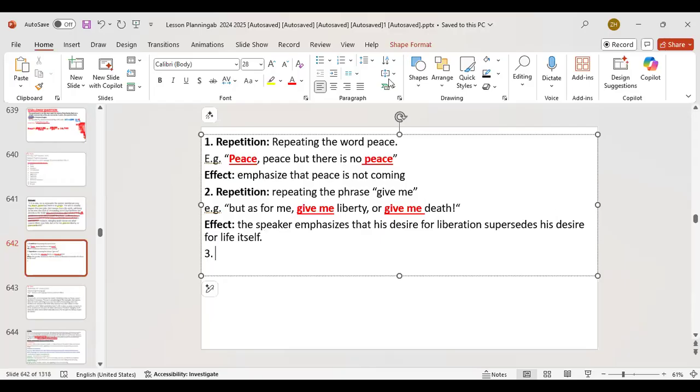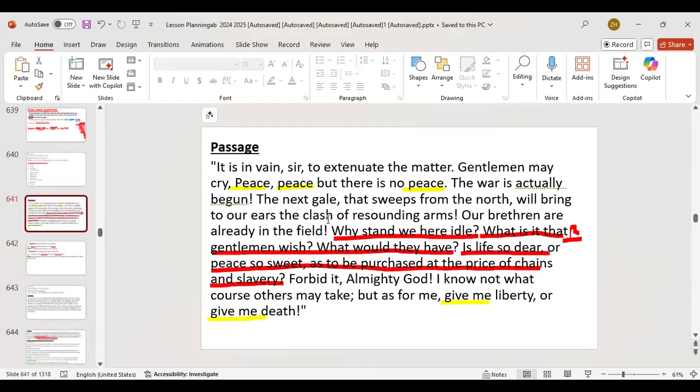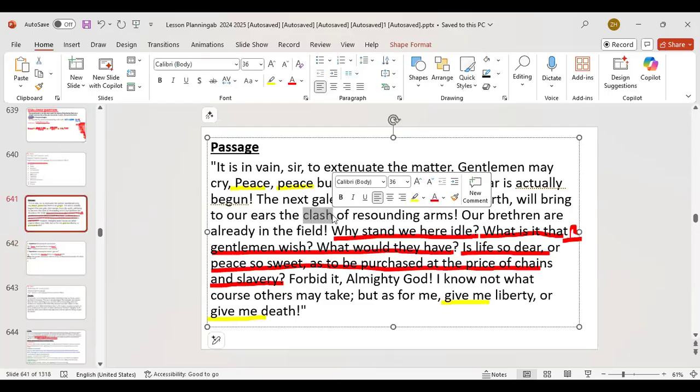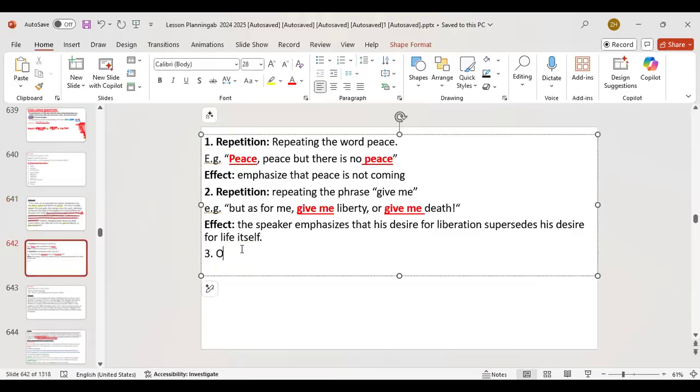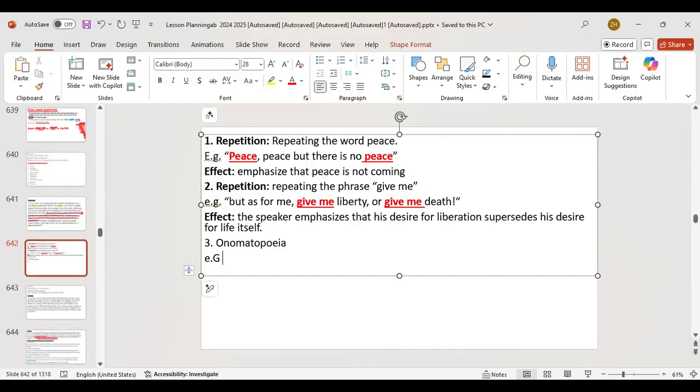Okay, next, number 3. So we talked about repetition. The next thing we're going to talk about is clash. Onomatopoeia. Examples: clash.